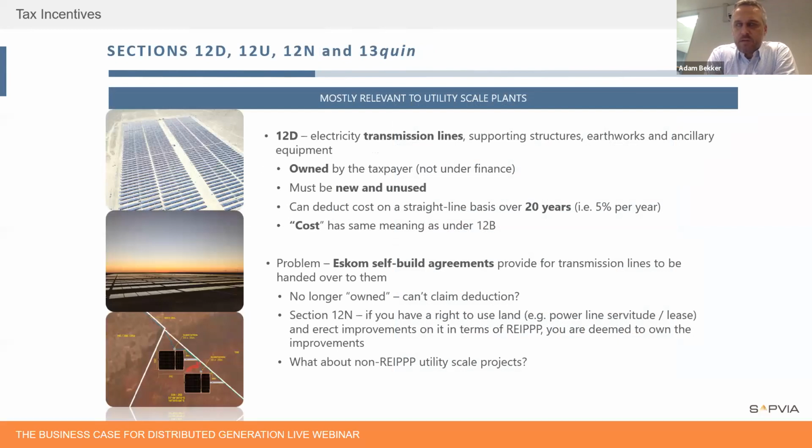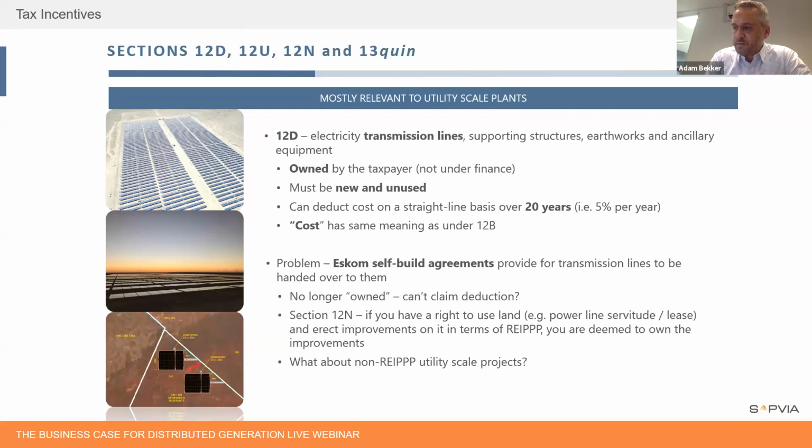I mentioned a couple of other deductions or tax incentives that are available. These are mostly relevant to utility scale plants. I won't spend too much time on them today, but there's Section 12D, which allows one to deduct the cost of electricity transmission lines, supporting structures and earthworks. There's Section 12U, which allows you to deduct cost of roads and fences, and then a Section 13 Quin, which allows you to deduct the cost of buildings forming part of a plant.